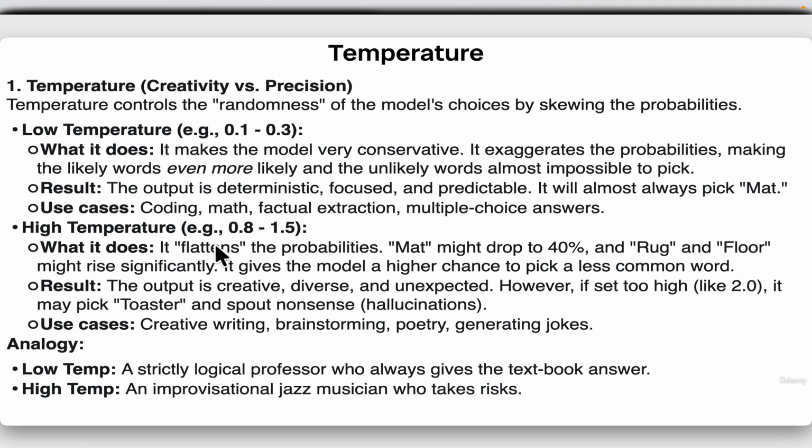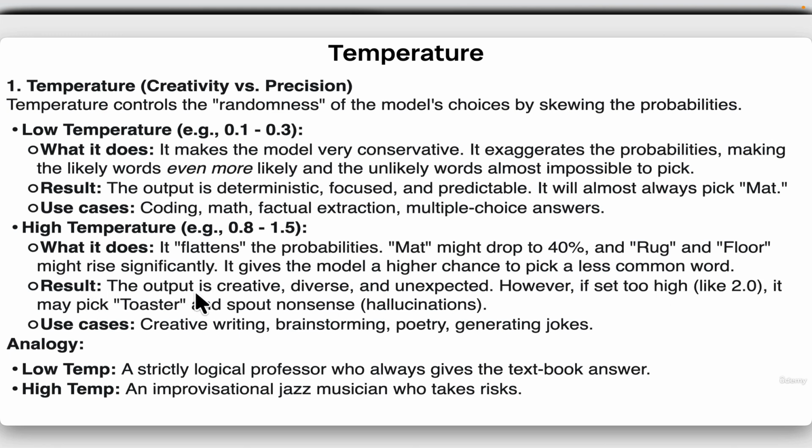But if you have high temperature, let's say 0.8 to 1.5, what it does is flatten the probabilities. For example, mat might drop to 40%, and for example, "cat is sitting on rug" or let's say floor might rise significantly. It gives the model a higher chance to pick a less common word.